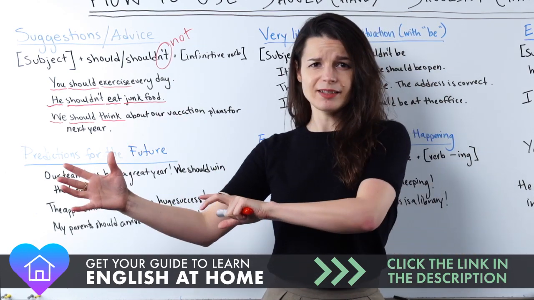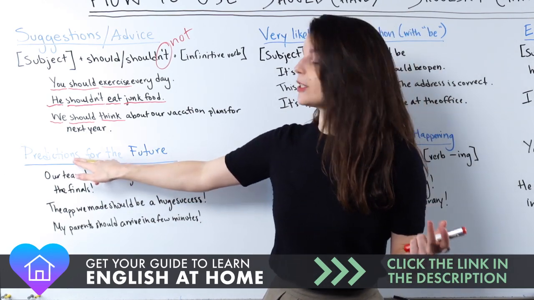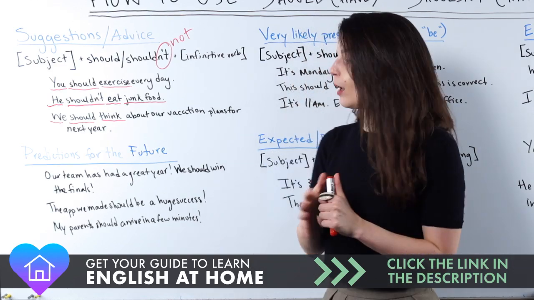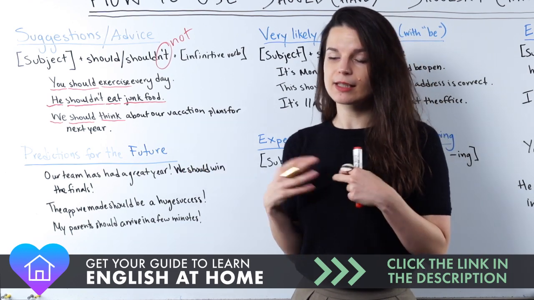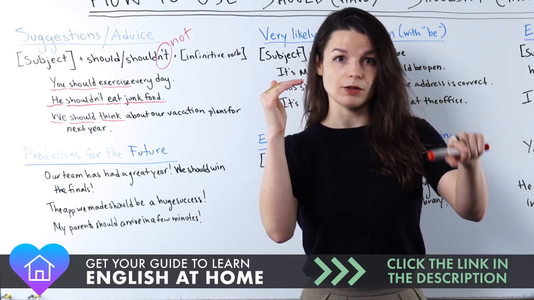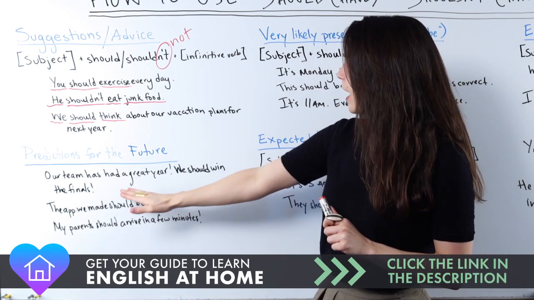We understand, is it advice or is this person making a guess? So again, a prediction is a guess. We're making a guess about the future. When you use should to make a prediction, it's saying you think there's a very good chance in the future of this thing. So some examples.